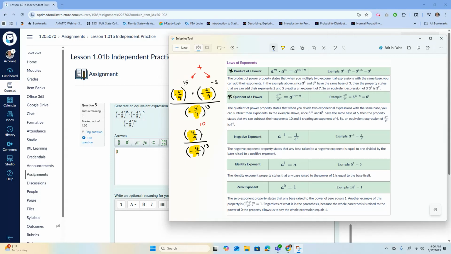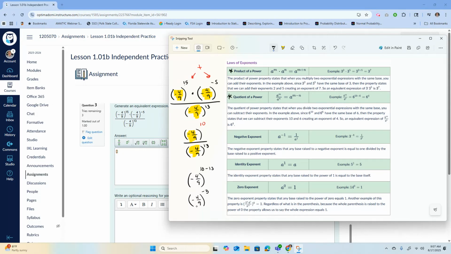So when you're dividing powers with the same base, here the base is negative 4 over 9, we're going to keep it. And what we're going to do with the exponents, we're going to take the exponent of the top, 10, and subtract the exponent of the bottom, 13. And using the calculator, you're going to have negative 4 over 9 to the negative 3rd power.